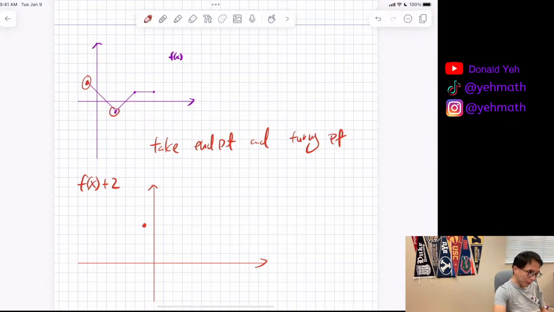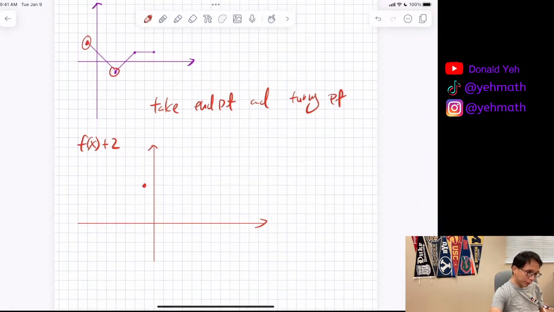Also, I'm going to take this point because this is the turning point. The turning point is where the points start turning. That point is at 2, -1, so it's going to be 2, 1. Is that okay? And again, 4, 1 is going to be right here, but it's going to go up 2 more units.